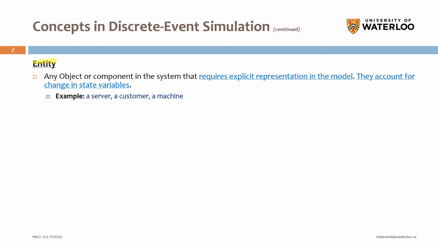This is the general behavior for entities. For example, a server in a bank system, a customer, a machine, or parts. These are examples of entities. Okay.